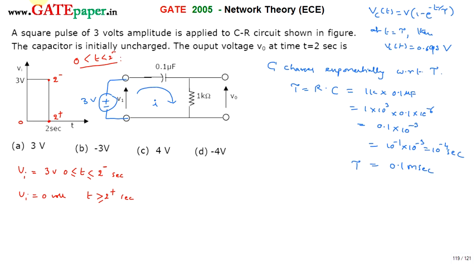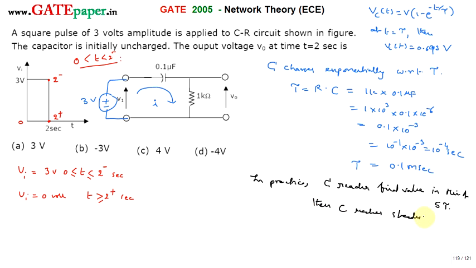Generally in practice, the capacitor reaches the final value of the applied voltage in a minimum of 5 time constants. If you allow the capacitor 5 time constants of time, then it can reach the final value applied. Then the capacitor reaches steady state, where it acts as an open circuit.